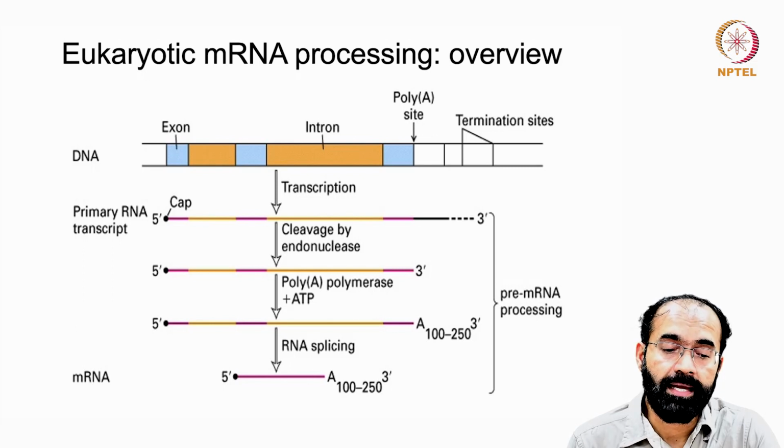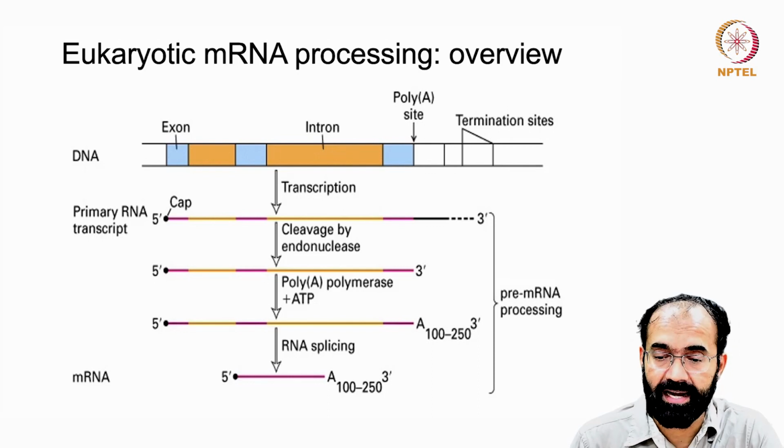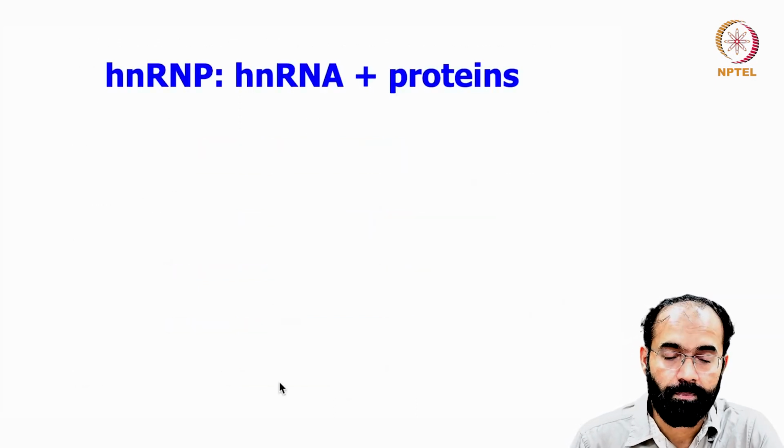Now a capped and polyadenylated RNA, pre-mRNA, can undergo a process called RNA splicing, because of which these yellow colored introns will be removed and the pink colored exons will remain. So this is a processed RNA in a simplistic form.